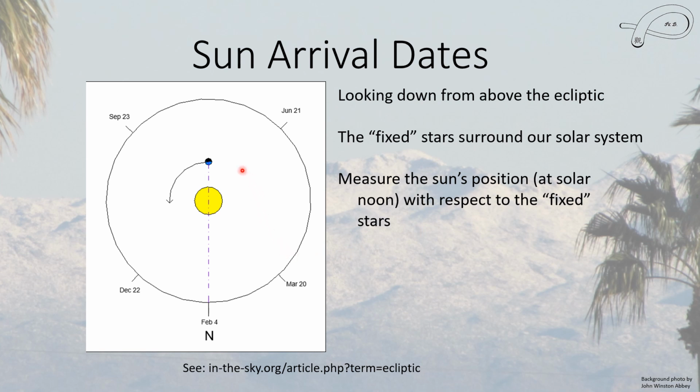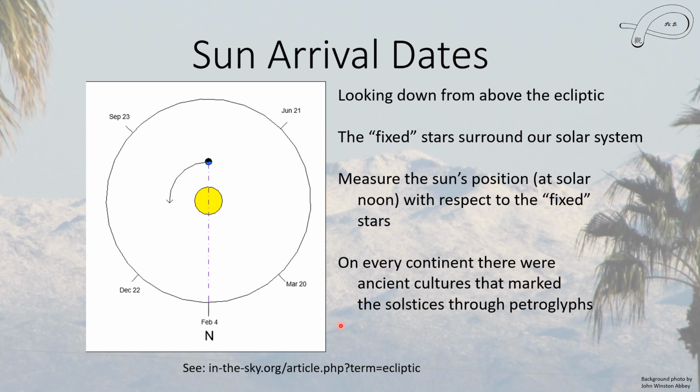And so during the solar noon, you mark basically 2 points that create a straight line. And then that night, you look along that straight line to see what was that position with respect to these stars that are way out here in the universe. So that's how it's done.